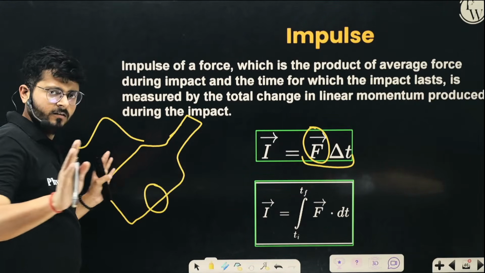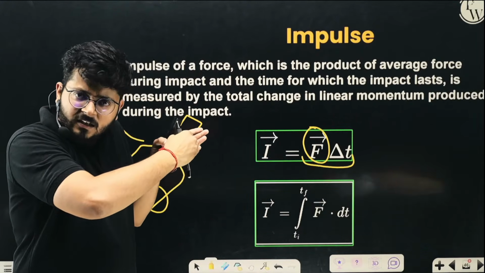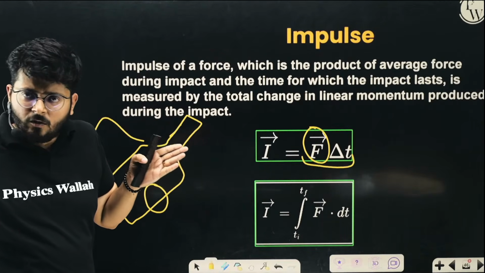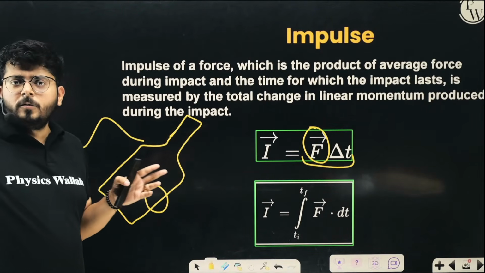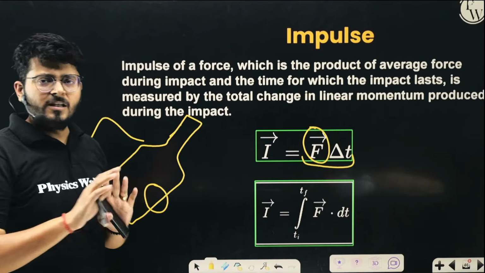So you see that the force value increases and then it reduces when the contact is removed, right? When the body is leaving the bat, the contact is removed and the force will drop to 0 again. So clearly the force acting during the impulse effect is not constant.